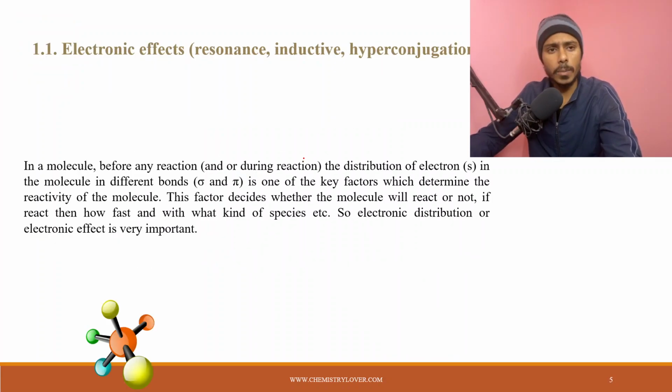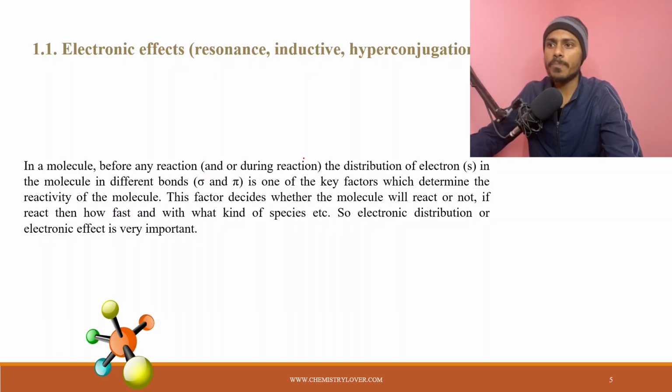First, we are going to talk about electronic effects. What is electronic effect? This is a very important topic in organic chemistry, because in organic chemistry we study the reactions of different compounds, product formation and reaction.